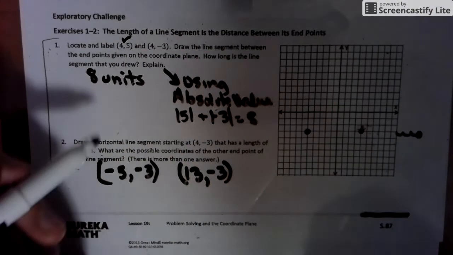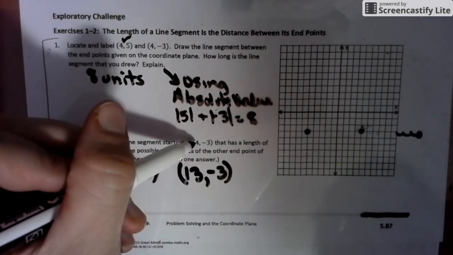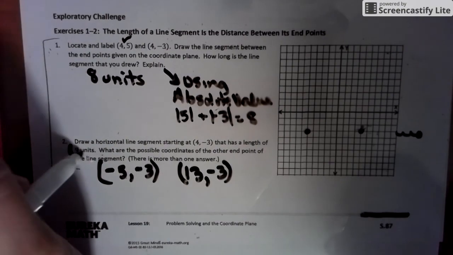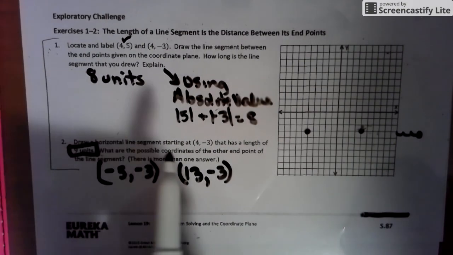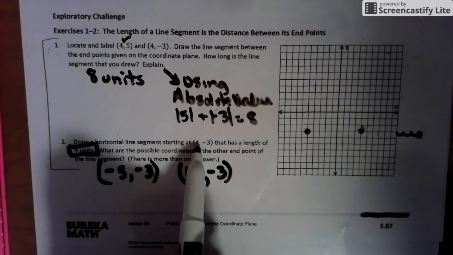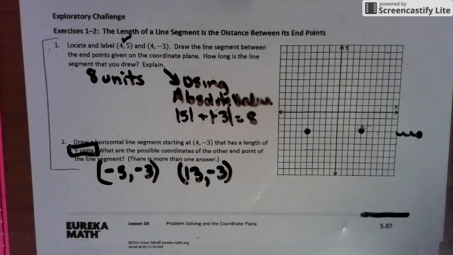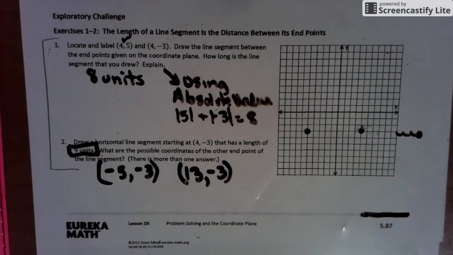Some kids have already noticed: the absolute value of 4 and the absolute value of 5 make the 9 that we needed. Also, the absolute value of 4 plus the absolute value of 9 makes 13. So those are a couple of points that you could find.